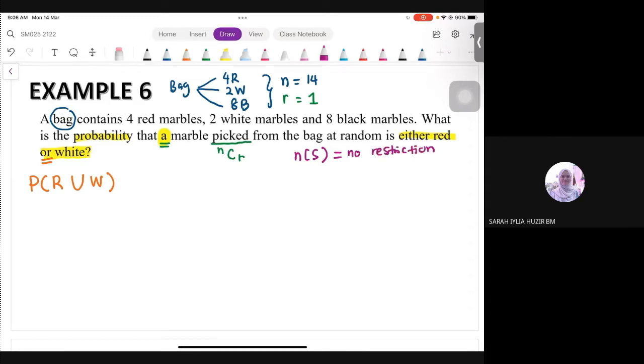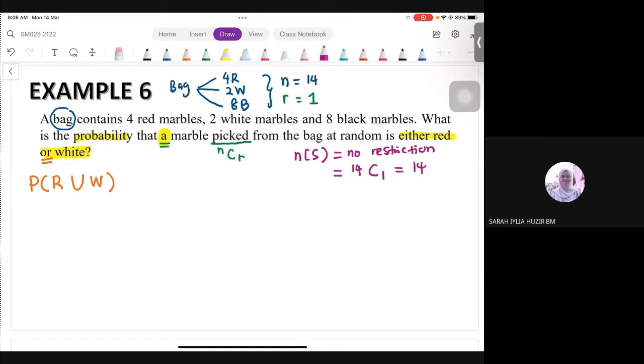Kalau topik 7 tu dia ada cakap kan, choose with no restriction. So kat dalam soalan probability dia takkan mention. So always bear in mind that the sample space is always the arrangement or the way you choose without restriction. Okay, so no restriction in this case means we choose one out of 14 options. So 14C1 lah. So we get 14. Okay, that's the sample space.